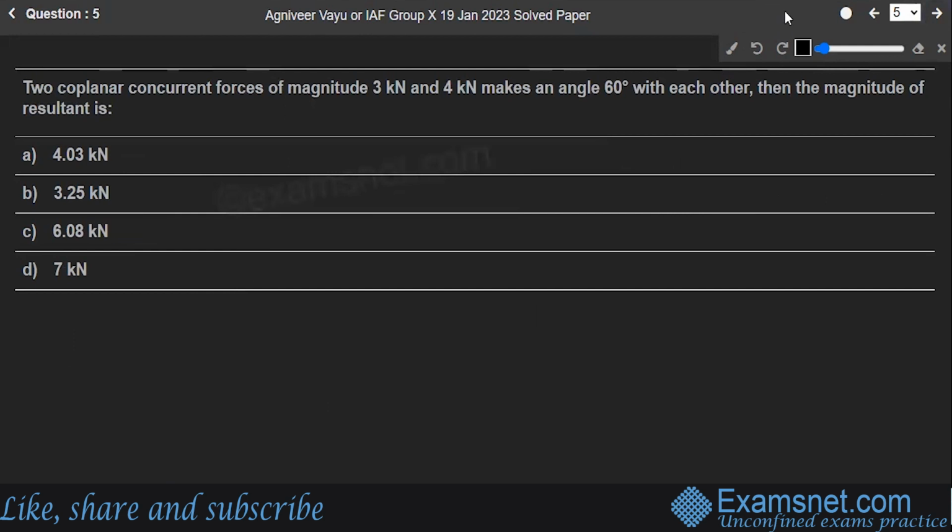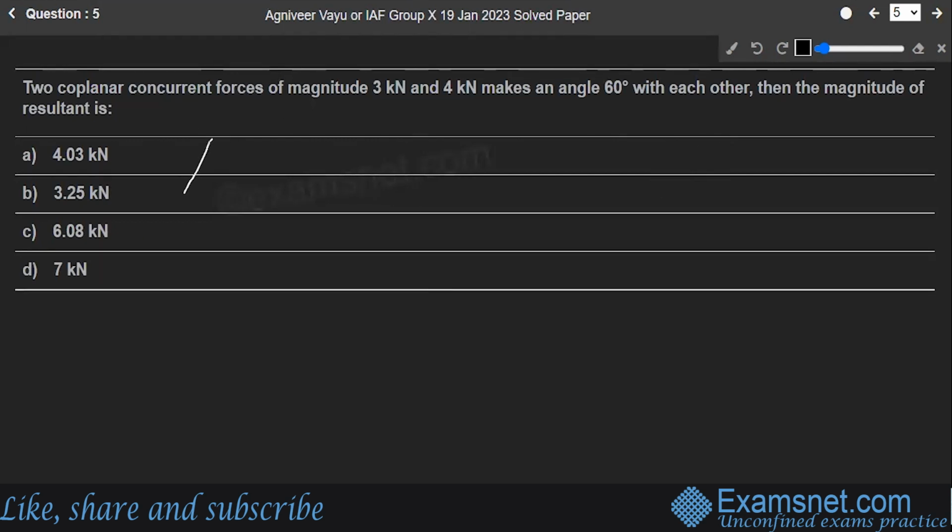Two coplanar concurrent forces of magnitude 3 kN and 4 kN make an angle of 60 degree with each other. Then the magnitude of resultant is given by which of these following? See, before answering the question, I would like to talk about the law of parallelogram of forces, right?